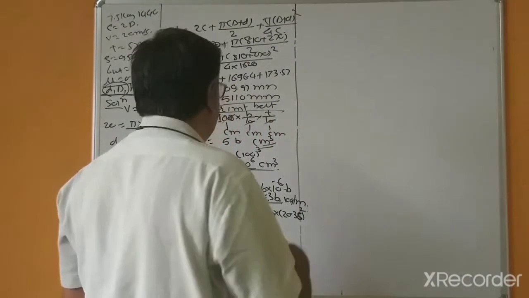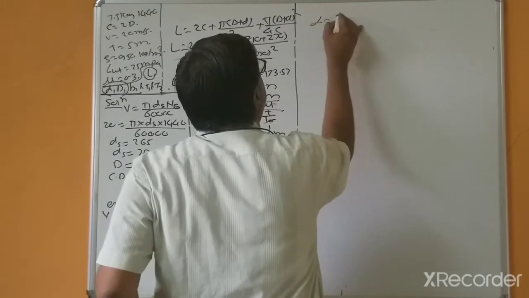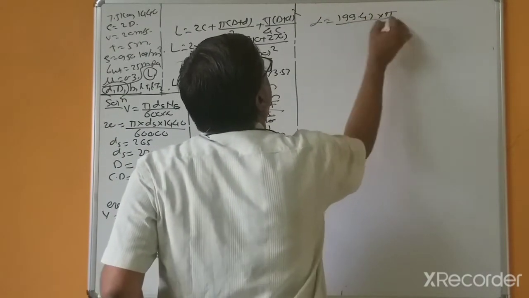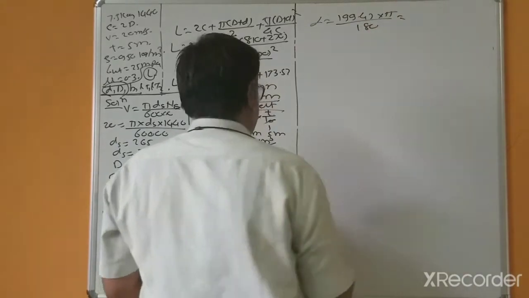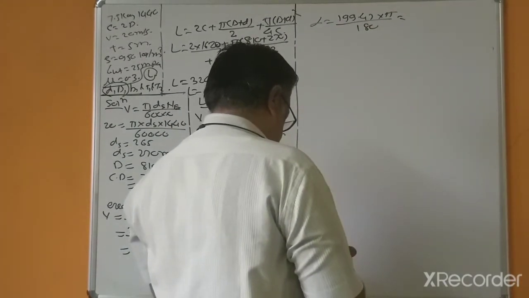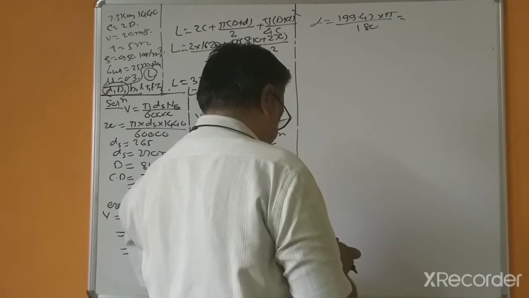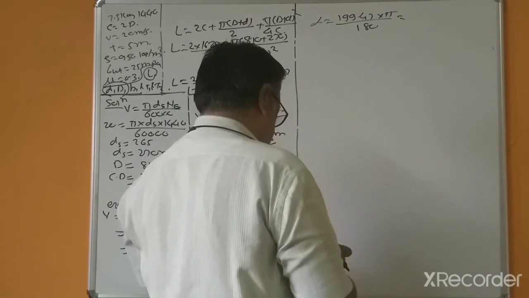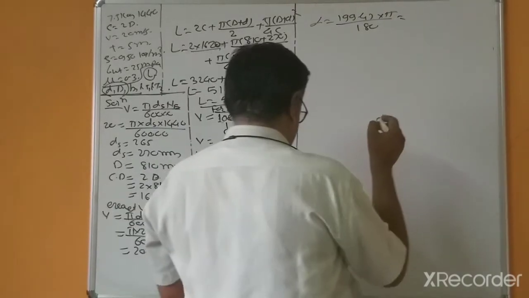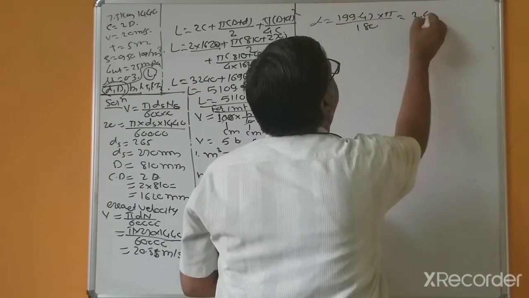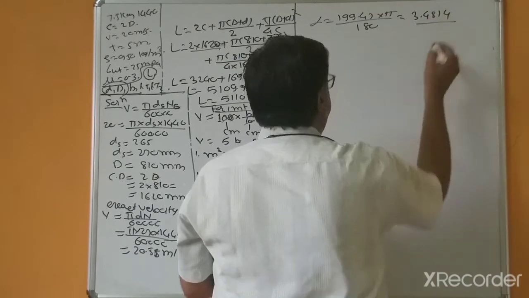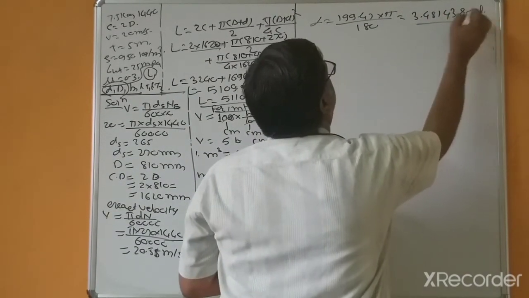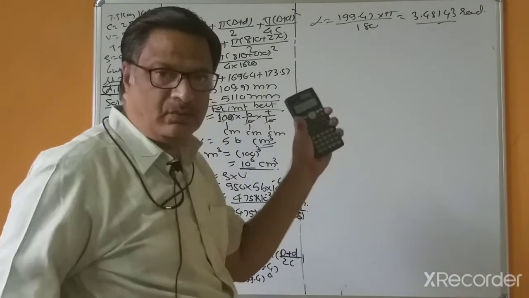That's why alpha equal to 47 multiplied by pi divided by 180 plus 180 multiplied by pi divided by 180. This is equal to 3.4814 3 radian. This is clear.